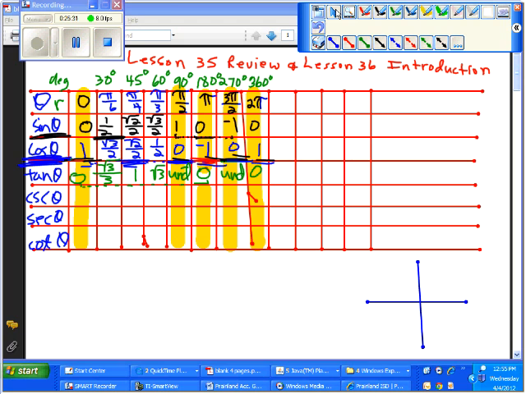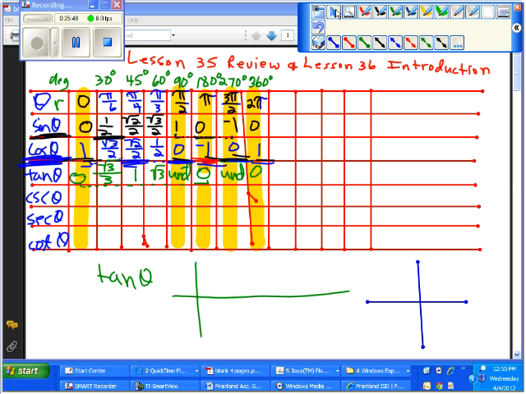So let's try to graph this tangent thing. Tangent theta. How high does it go? Somewhere it's going to go to 1.